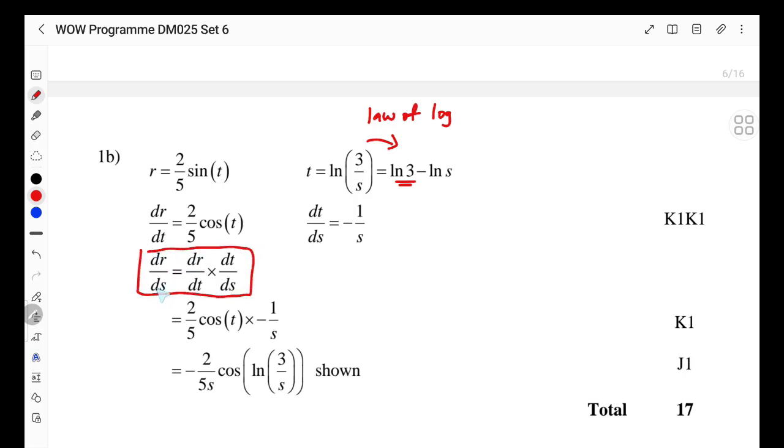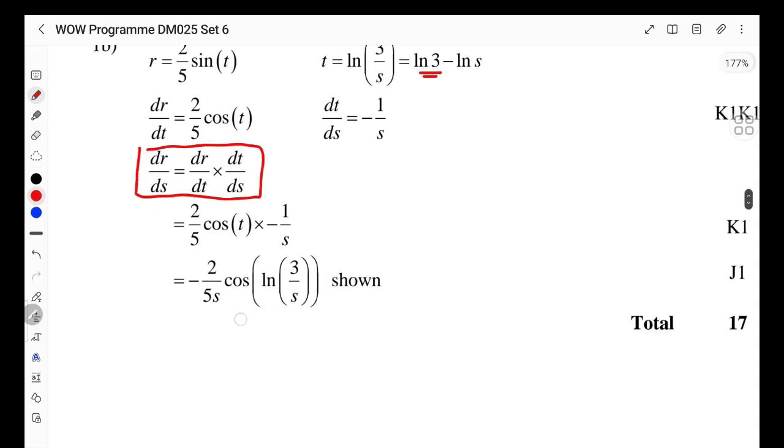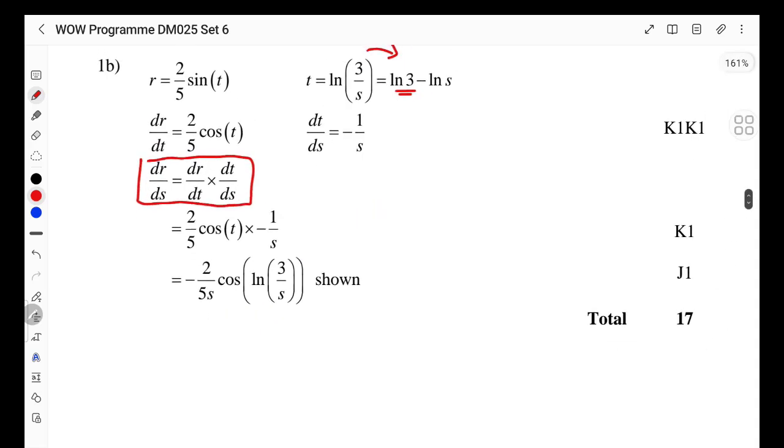Now, to get dr over ds, you need to multiply dr over dt with dt over ds. So you will get dr over ds over here. Just multiply these two functions, 2 over 5 cos t times negative 1 over s. So here you will have negative 2 over 5s cos t, and t here is ln 3 over s, so just substitute.